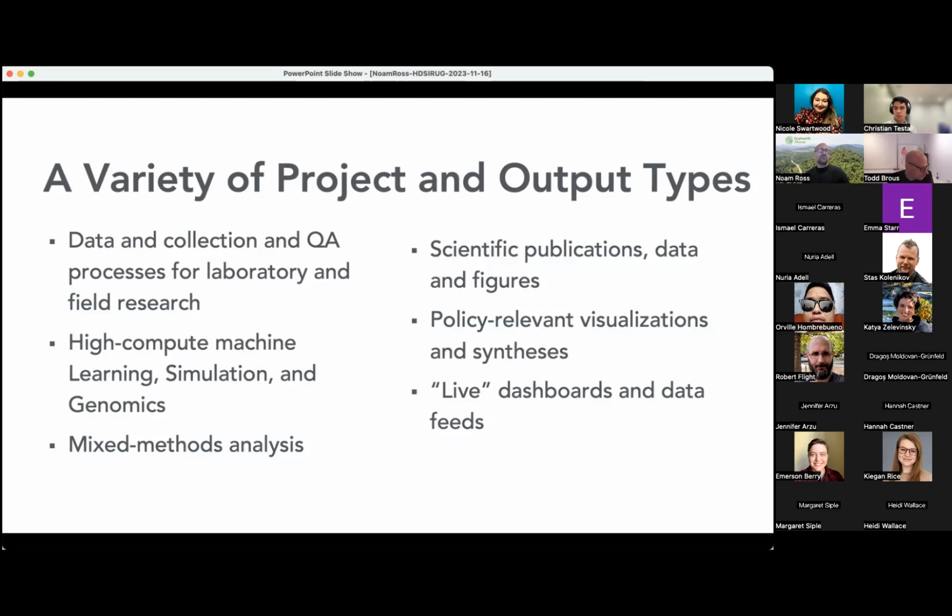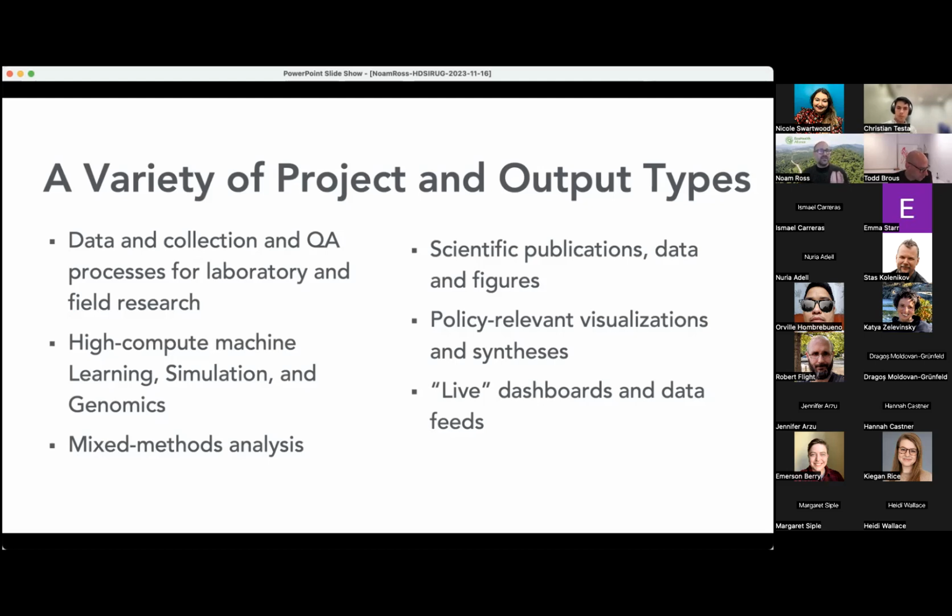And then we have projects and products that are live dashboards, live data feeds, things that are updated regularly, be they daily, or a product that's produced in a certain way every 6 months or year scale. So our work sort of spans all of those. And when we're thinking about what tools we need to use that are useful across the board, those tools and processes are ones that have to capture that type of mix.